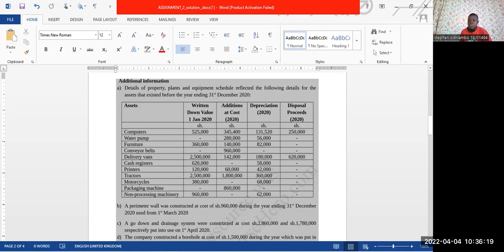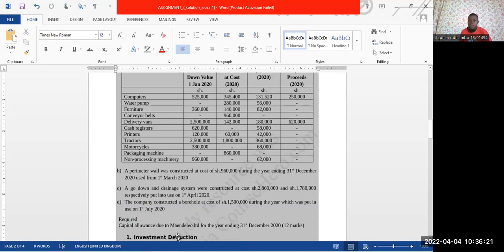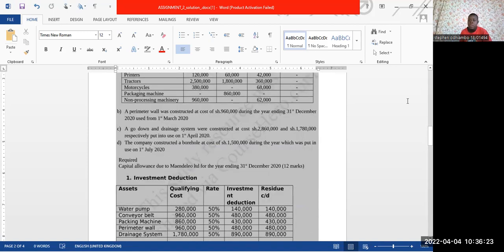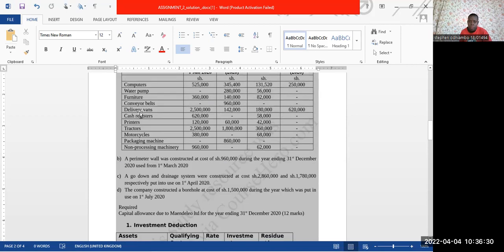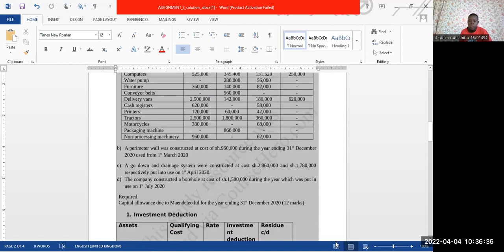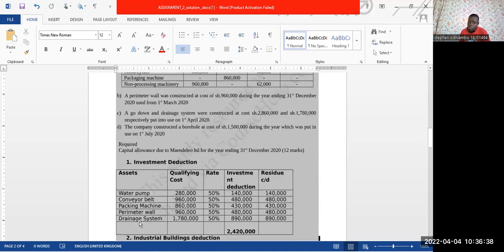If you continue and look at the conveyor belt, you will find it is 960,000, and you will confirm for me. We have conveyor belt 960,000. You continue on that. You just put the assets down, the ones on which investment allowance is to be given.